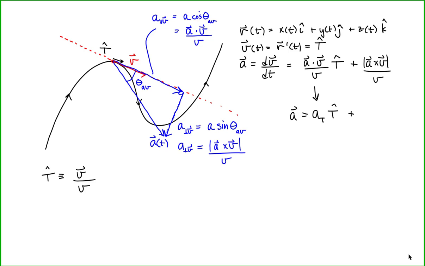And we could describe that direction with a unit vector. So this unit vector will be a vector that is normal to the curve at that point. And this principal normal unit vector is defined to be equal to the derivative of our unit tangent vector divided by the magnitude of the derivative of the unit tangent vector.